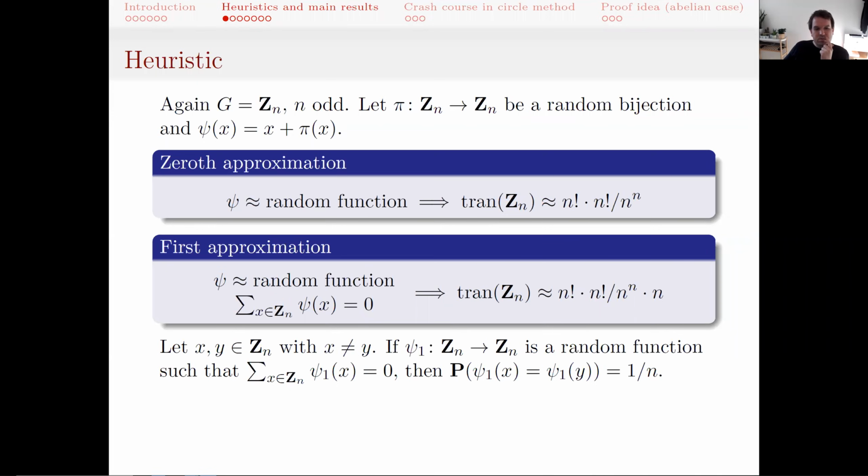If you take x and y from Zn to be different, and you take psi1 to be a random function used to model the distribution of psi according to these properties, so you just take a uniformly distributed random function among those that satisfy this property, then it is not hard to see that the probability of this collision, psi1 of x equal to psi1 of y, is just 1 over n.